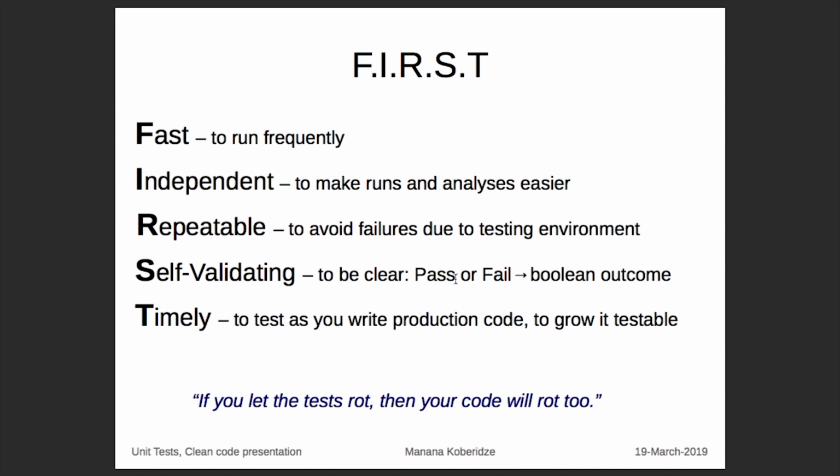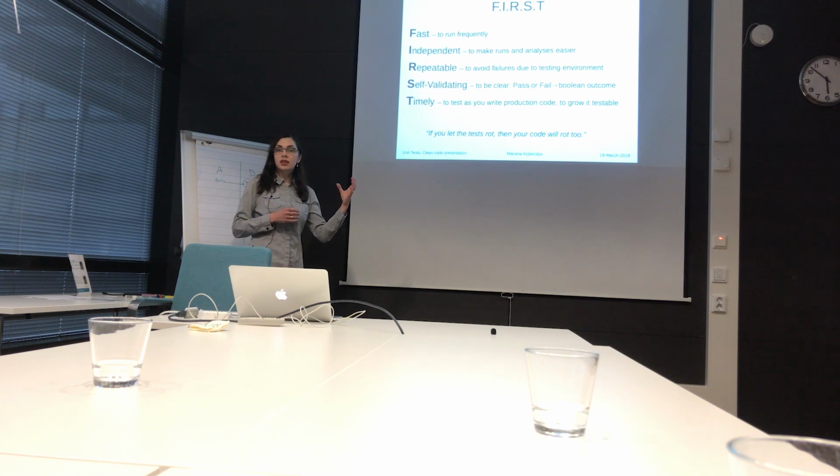Independent: unit tests inside a test suite should be independent, so that we can run them in any order we like, and if one unit test is prone to failure, another test does not inherit this failure from the previous test. Otherwise, we will have difficulty finding out where the code is failing.